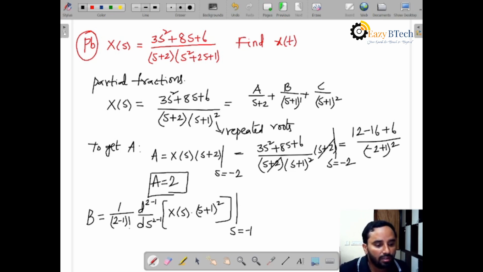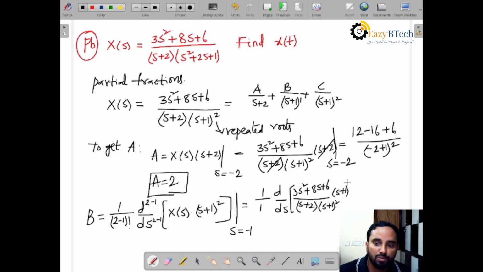Now how to get this b value? Let's start. 1 by (2 minus 1) factorial, 1 factorial is 1, and d power 2 minus 1 is d by ds of x of s, totally (3s square plus 8s plus 6) divided by (s plus 2)(s plus 1) whole square, again multiplied by (s plus 1) whole square.